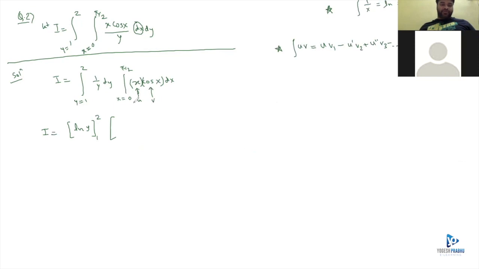Work that formula here. The integral of cosine x is just sine x. Minus 1, and the integral of sine x is minus cosine x.